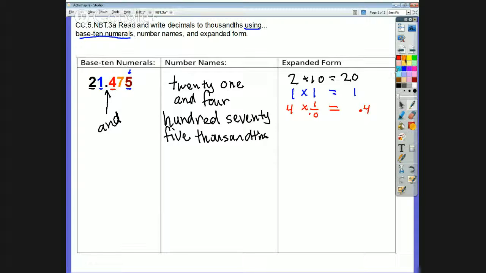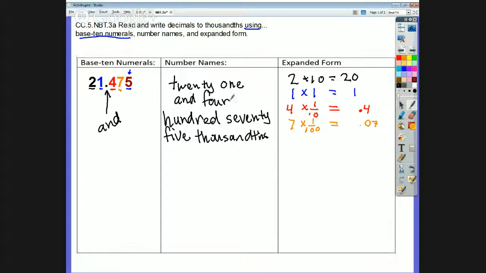And then the orange 7 here is in the hundredths spot, so it's actually worth 7 times 1/100th. And I would write it like this, 7 times 1/100th. And that's actually equal to decimal point, a 0, and a 7. And we would read this as 7 hundredths. And then this auburn 5, I'm going to call this color auburn.